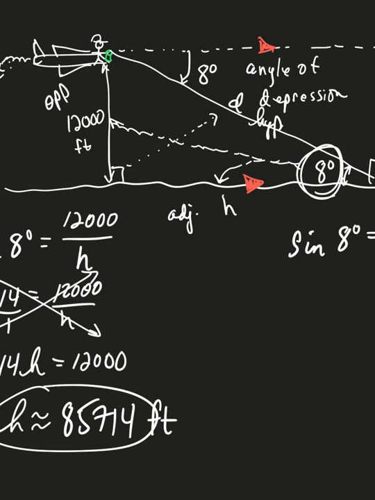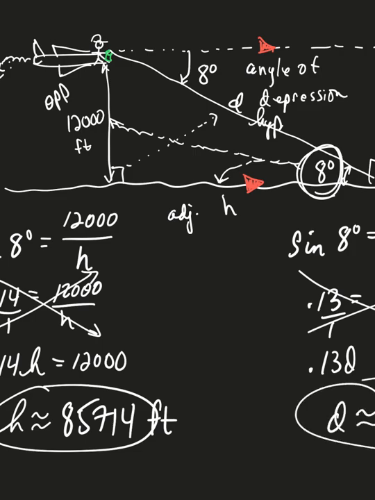The sine of 8 degrees is 0.13. And again, cross multiply. When we divide both sides by 0.13, we get about, with some rounding here of course, approximately 92,307.